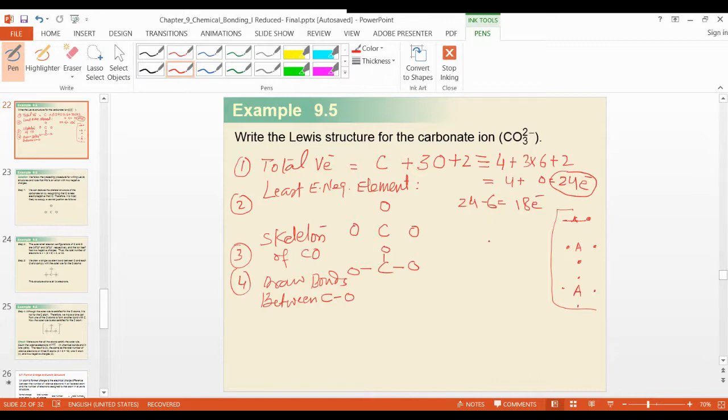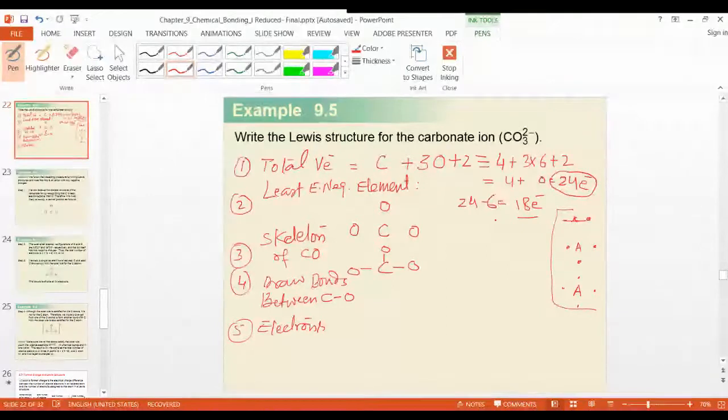Then after that, what do we do about the 18 electrons? Where should I put the 18 electrons?